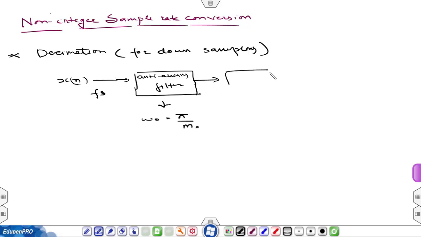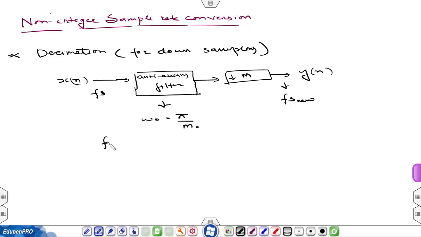Then we gave its output to a downsampler that will reduce its sampling rate by a factor M. The output will be y[m] with sampling rate fs new.